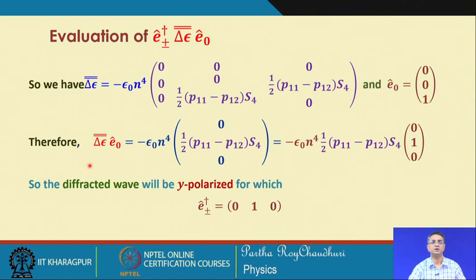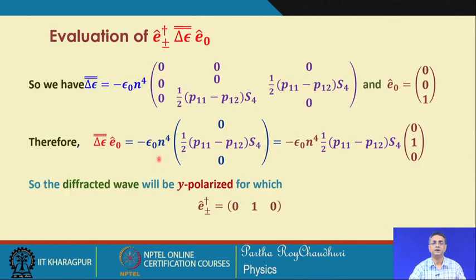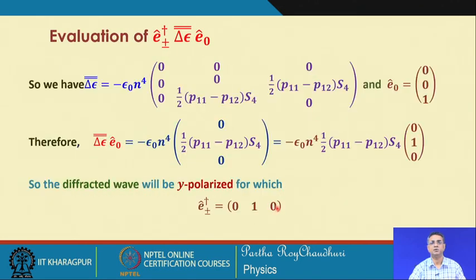We started with a Z polarized optical beam which was the incident beam, but as a consequence of coupling by diffraction, the polarization coupling, we get a diffracted wave which is polarized in the y direction. So, we started with Z polarized, but we get a Y polarized diffracted beam.